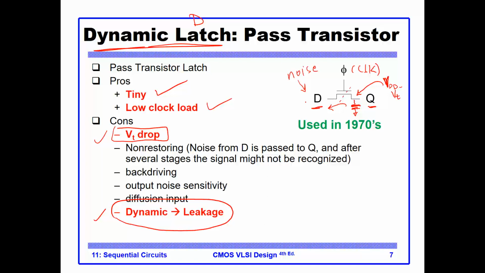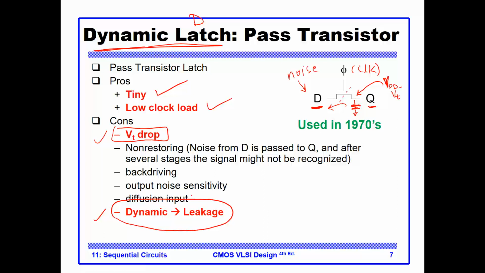Backdriving means that you can erroneously write the data from Q to D. What we would like to do is write from D to Q, but sometimes if you're not careful in your design, you can write data from Q to D, the opposite direction. That's another problem, and this is because you're using just a pass transistor. And the output is very sensitive to noise.